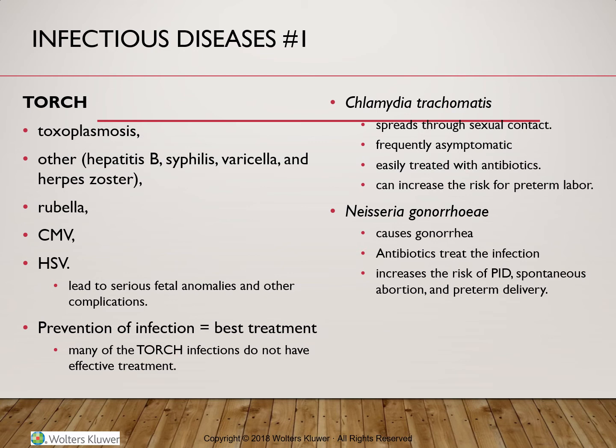However, when it's encountered during pregnancy, it will pass through the placenta to the fetus, and a condition called congenital toxoplasmosis may occur. And the newborn with congenital toxoplasmosis may present with hydrocephalus, chorioretinitis, a lot of ophthalmic and hearing issues.